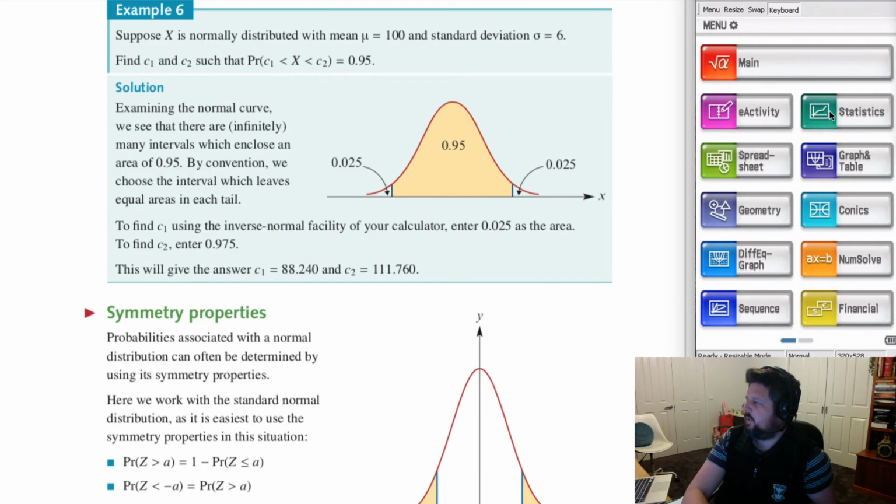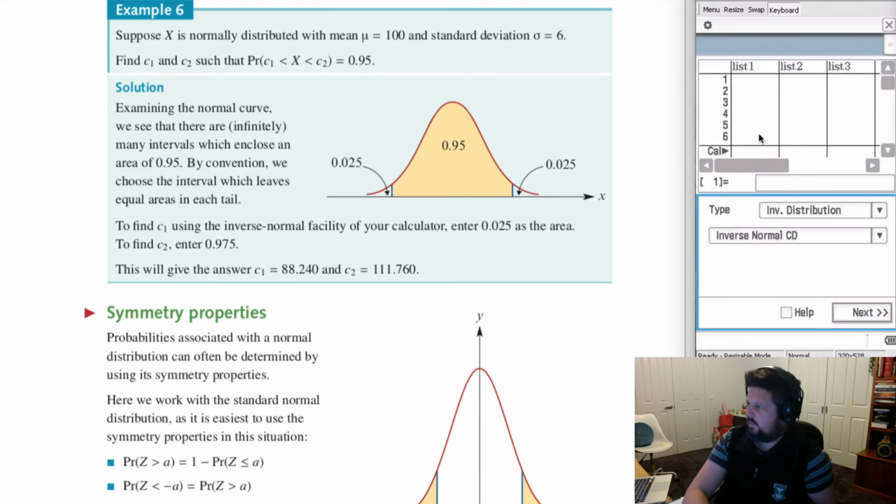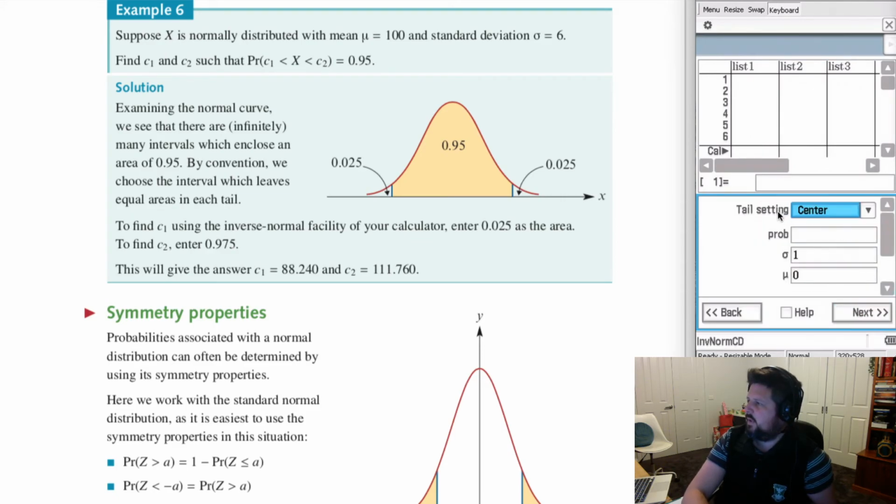So I'd go to statistics, again inverse distribution, inverse normal CD. Instead of having the left as the tail setting, this is in the center. So we'll use the center option.